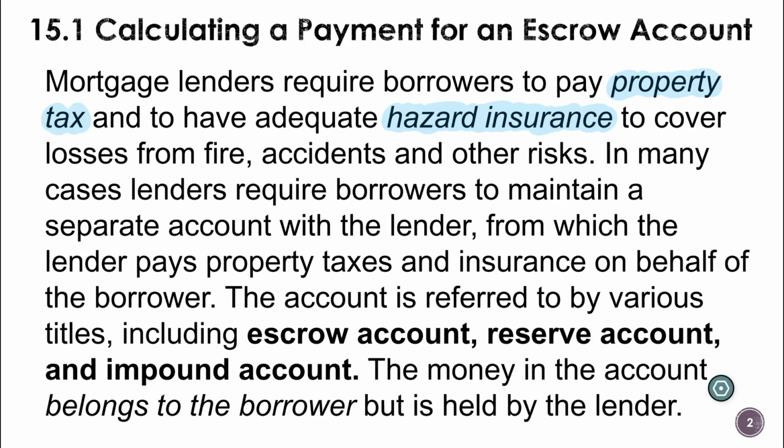Obviously if you don't pay your property taxes, then they can put liens on your property and even possibly take it away from you. And if you don't have insurance, of course, and something happens to your house, then how is that going to affect your lender? So they set up this account to take care of that, and that's what this lesson's about. You might want to pause and read through this page.